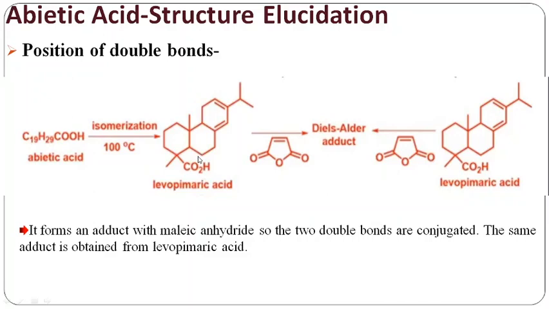But afterwards, after further investigation and chemical reactions, they reached the conclusion that the structure of abietic acid was different from levopimaric acid, and the possibility is that abietic acid undergoes isomerization at 100 degrees centigrade and converts into levopimaric acid, which on Diels-Alder reaction forms the same product as levopimaric acid.